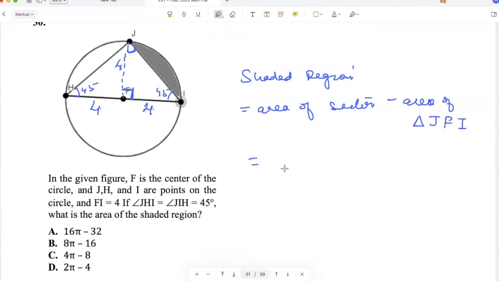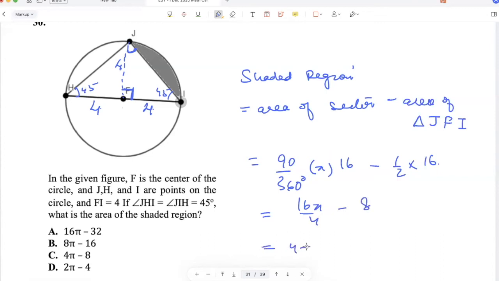So area of sector is 90 by 360 into pi r squared, which is 16, minus area of triangle, which is half base into height. So that's also 16. So then that becomes 16 pi by 4 minus 8. So 4 pi minus 8. Option C.